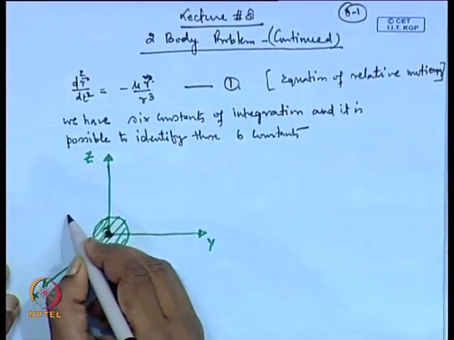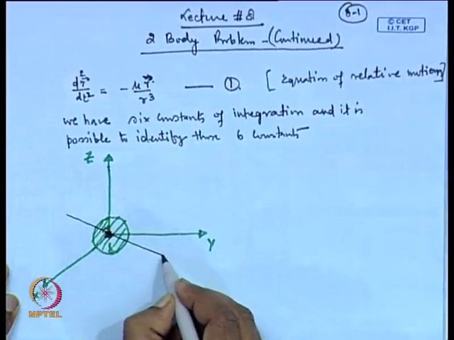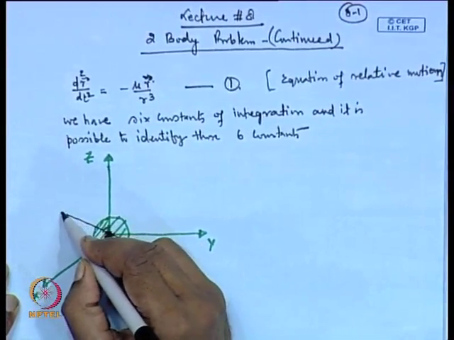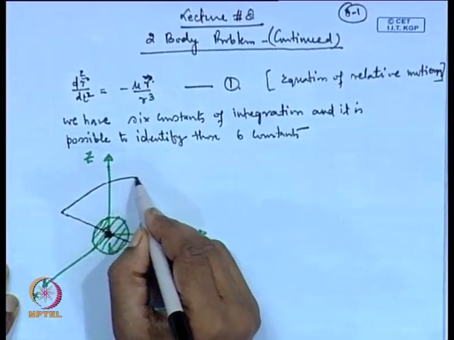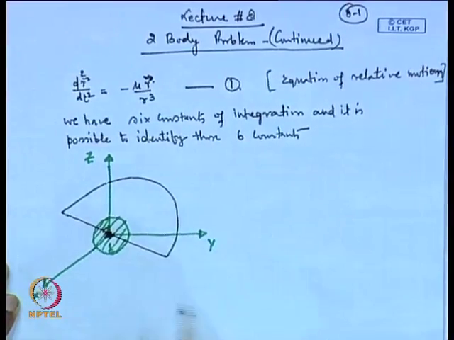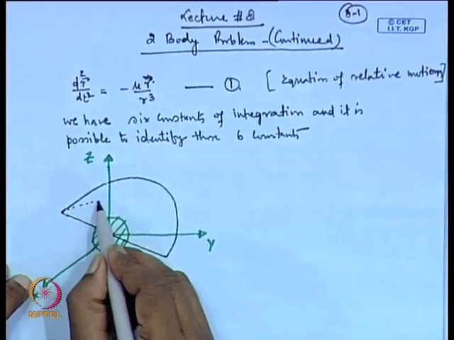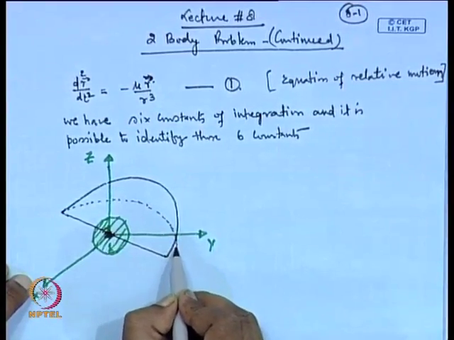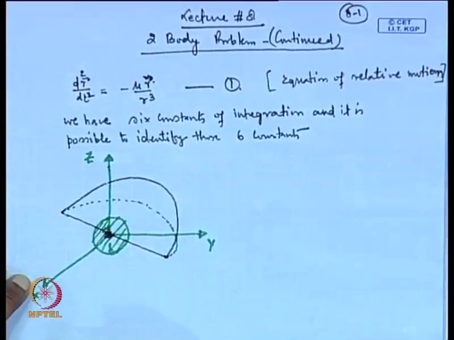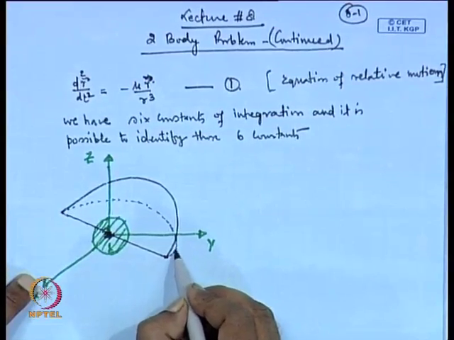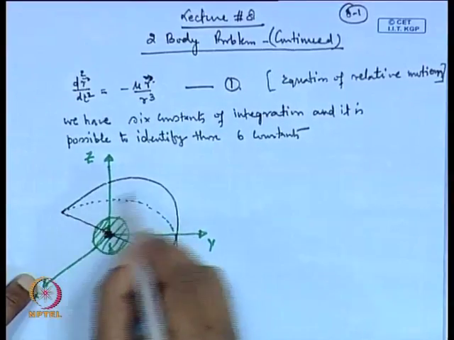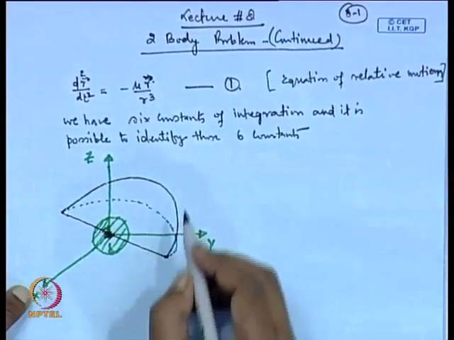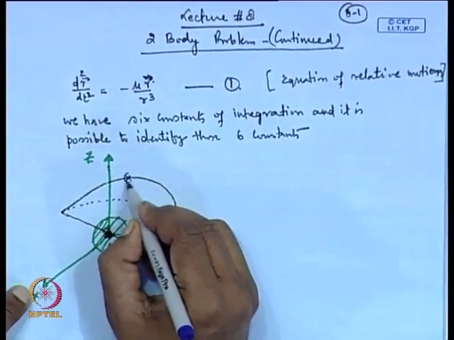So, we have this orbit here, and this is the projection of the orbit shown by the dotted line. This blue line shows the projection of the orbit in the x y plane, and let us say some satellite is here.